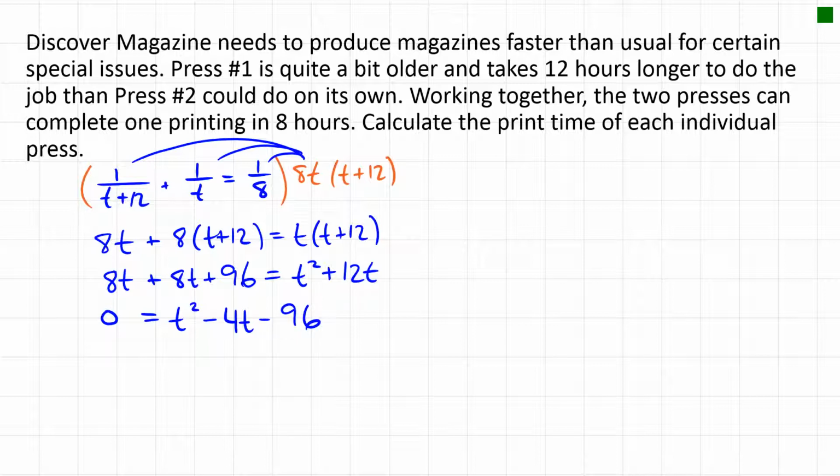Hopefully this is factorable. Can I find factors of 96 just by guessing? Oh, I got lucky early. I tried 96 divided by 12, and that's 8 and 12. If I do negative 12, positive 8, I get negative 4. So sure enough, 0 is equal to t plus 8 times t minus 12.